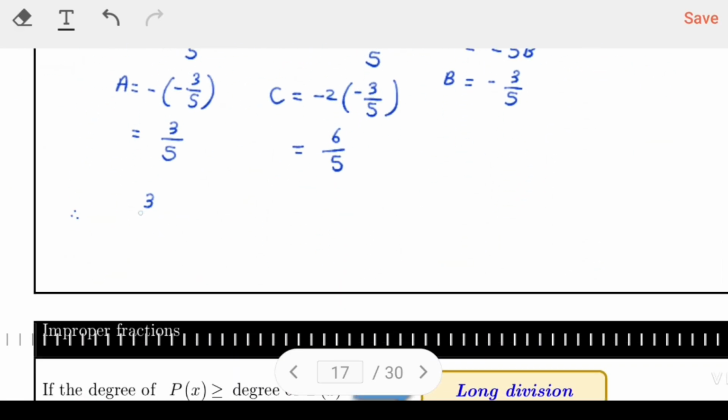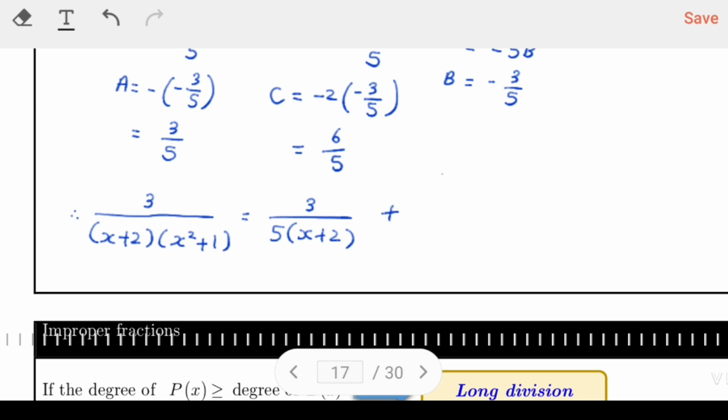So 3 over x plus 2 times x squared plus 1 equal to, so for A, we have 3 over 5 x plus 2, plus Bx, negative 3 over 5, x plus C, 6 over 5, over the factor that cannot be factorized, which is x squared plus 1.